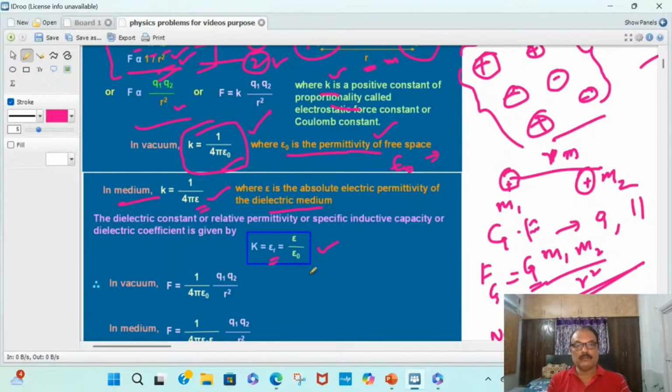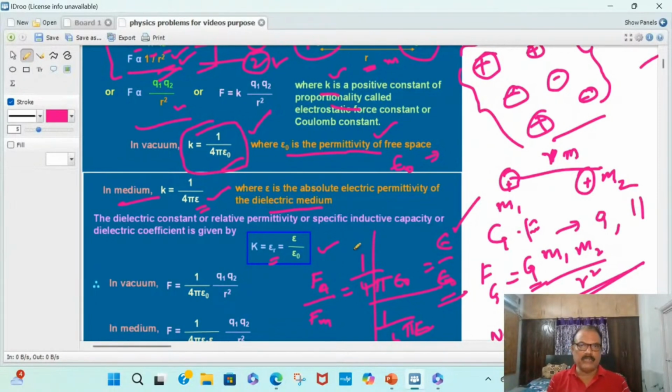The force in air divided by the force in the medium: Q1 Q2 by R square will get cancelled. Only 1 by 4 pi epsilon will be here, and next again 1 by 4 pi epsilon, so 4 pi cancels. So you will get epsilon by epsilon naught.